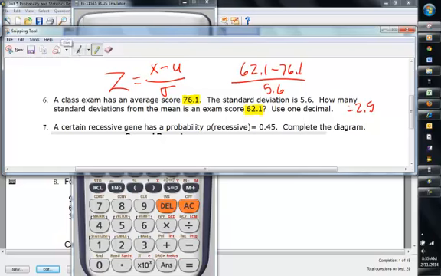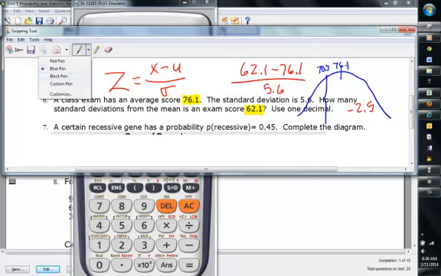What does that mean? Well, if you look at a normal distribution here, where the average is 76.1 and a standard deviation is 5.6, 5.6 less than 76 is about 70.5. We are down here.